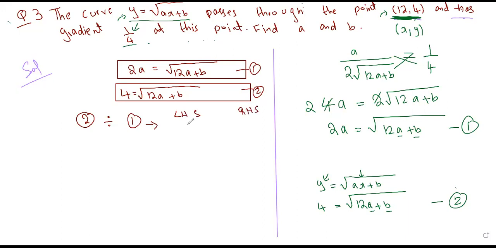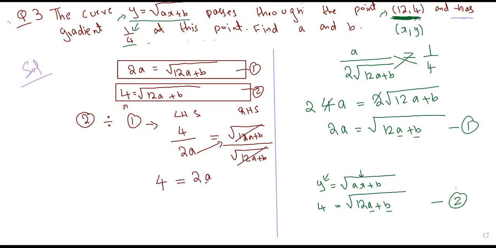The left hand side of this new equation would be 4 divided by 2a equals, the right hand side would be the right hand side of the second equation, that was 12a plus b, divided by the right hand side of the first equation, that was again 12a plus b. So these two are cancelled. This is why I divided, because I knew they would be cancelled. I can take 2a there. So this is going to give me 4 equals 2a, and a has turned out to be 2.